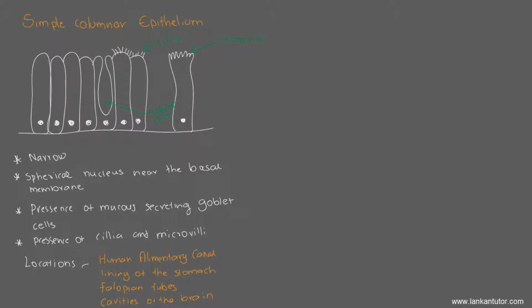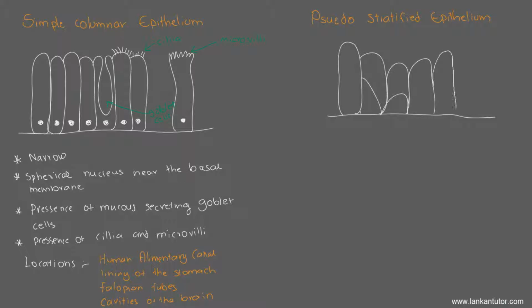And then we go to the pseudo-stratified epithelium. Now I'm going to start drawing it and explain a bit about it. At first glance, you're going to realize that there is more than one layer of cells. And you're going to assume that, isn't that a compound or complex kind of epithelium? Because it has more than one layer of cells. But if you look closely, you can actually see that, again, as the term implies, pseudo, meaning it's not the actual thing, the first layer isn't actually a layer.